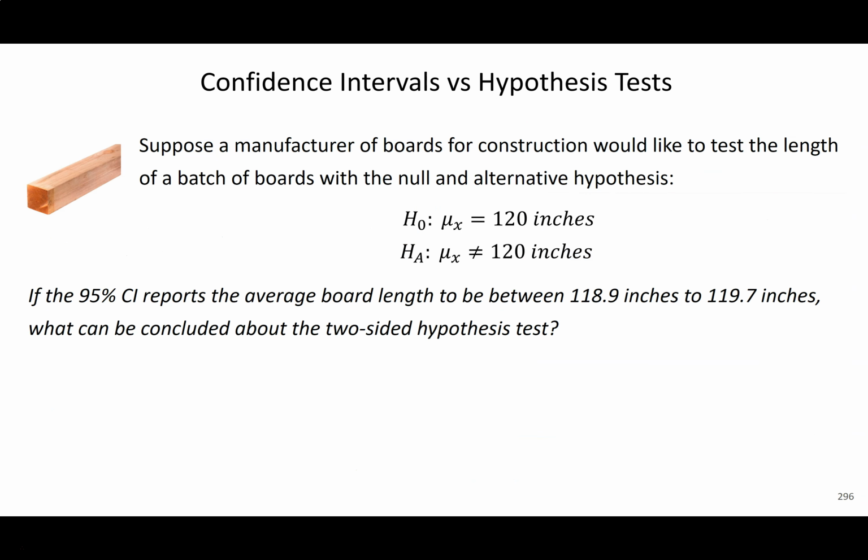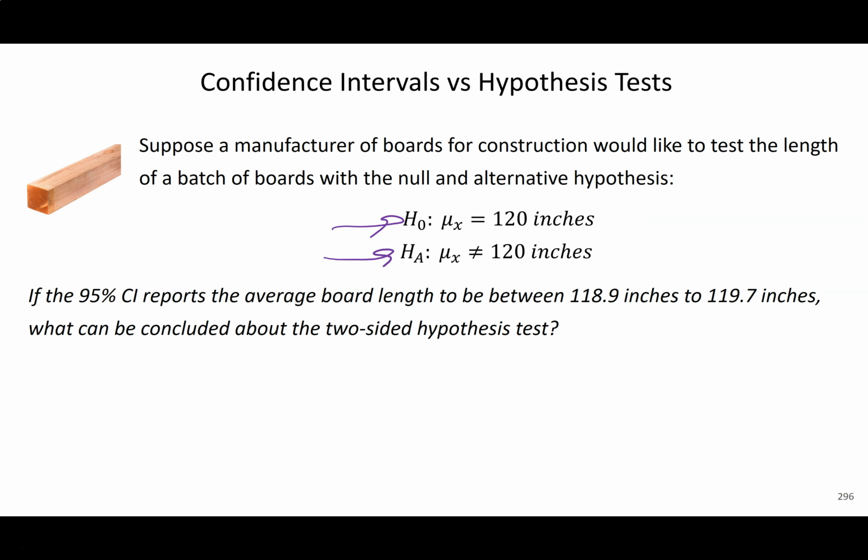For example, we're looking at a manufacturer of wooden boards for construction, and they want to test a batch of boards. It's really important they're of a certain length, because if they're too short, they're going to get sent back. If they're too long, they're going to need to get cut. So the null says the average length for all these boards is 120 inches.